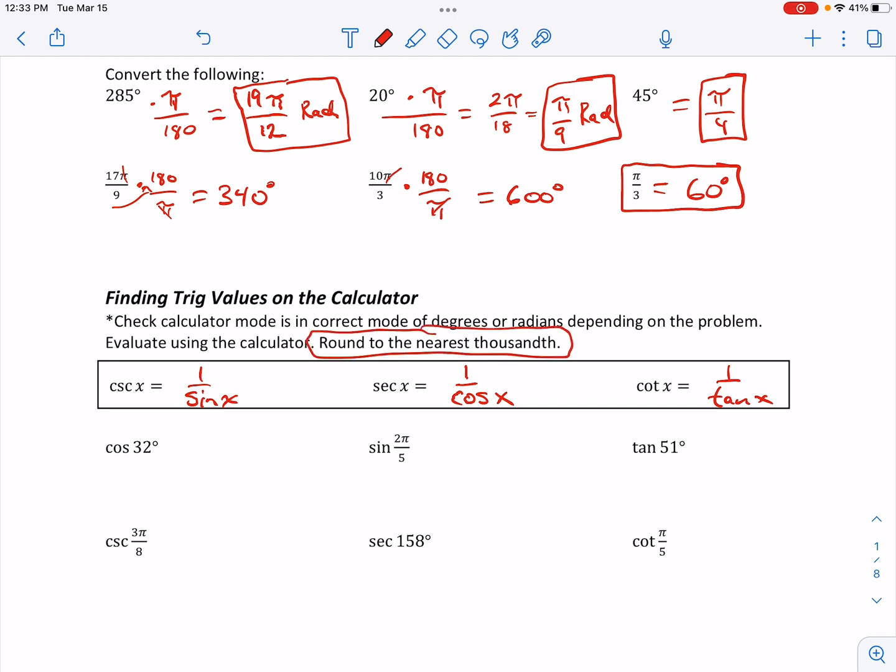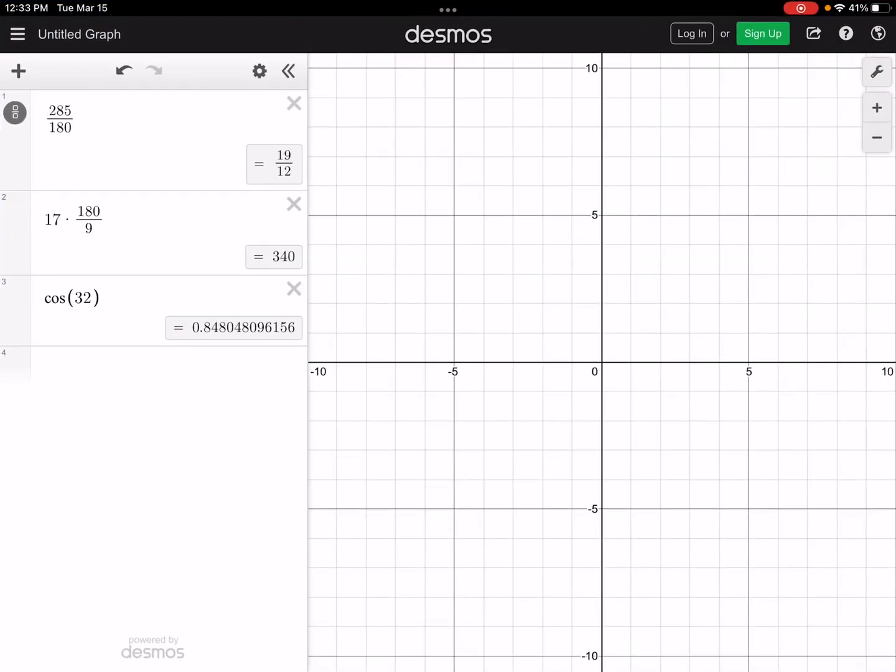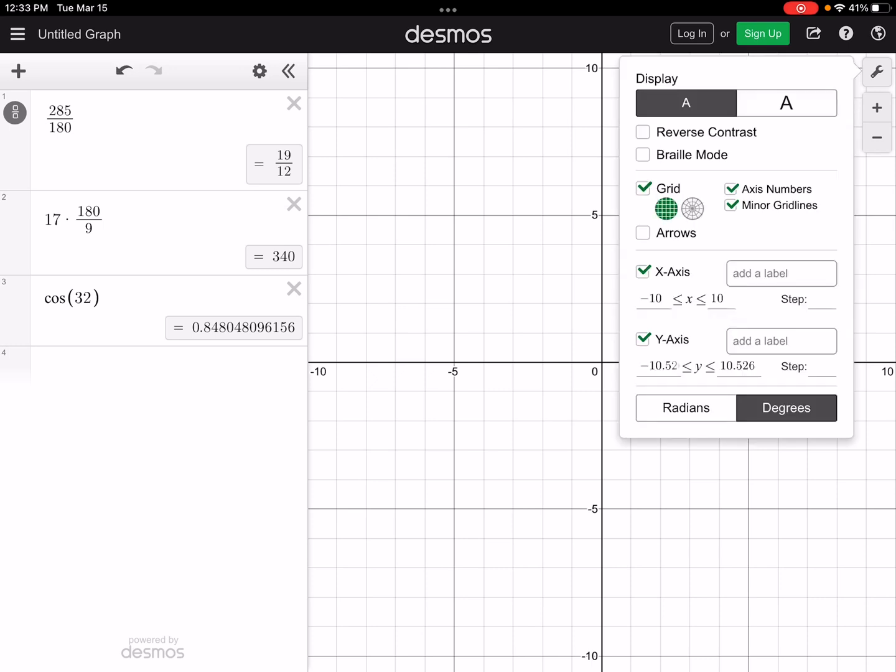Play with your calculator. If you want cosine 32, type cosine 32. Now, we assume that if it doesn't have pi's, we're in degrees. So cosine 32, make sure you're in degrees on your calculator. If you've got pi in the angle, then switch it to radians. You'll notice that as I do that, the answer changes just a little bit. In degrees, it's 0.848.